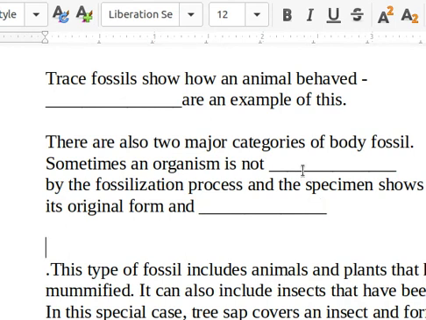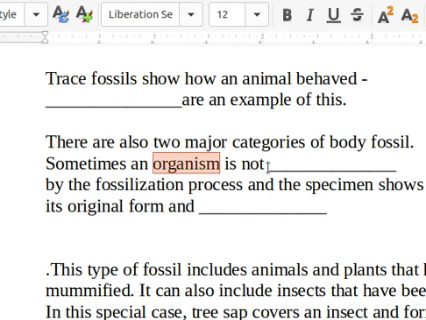Alright, so we know the answer is going to come after they start talking about two major categories of body fossil. So something happens to the organism, sometimes something does not happen.